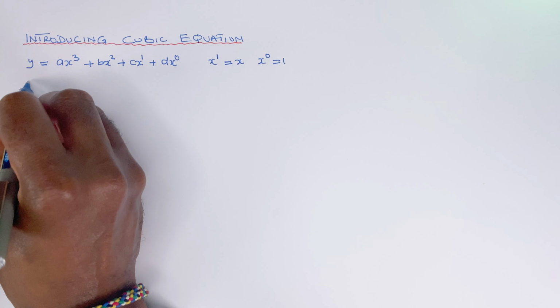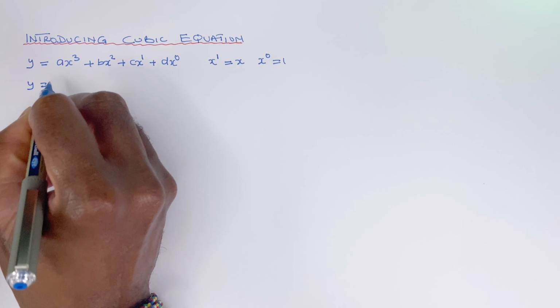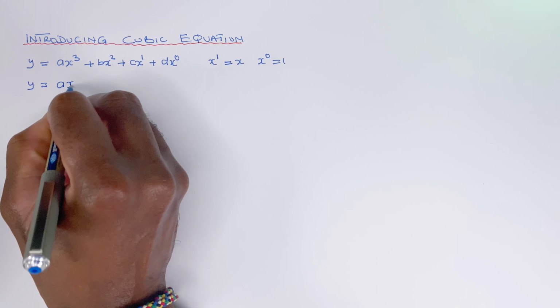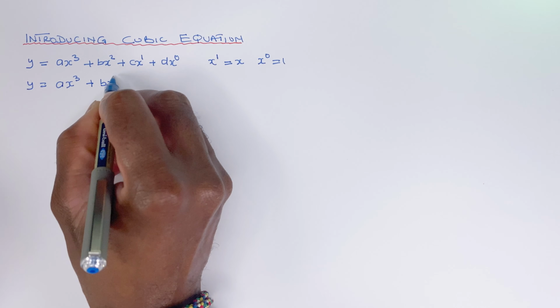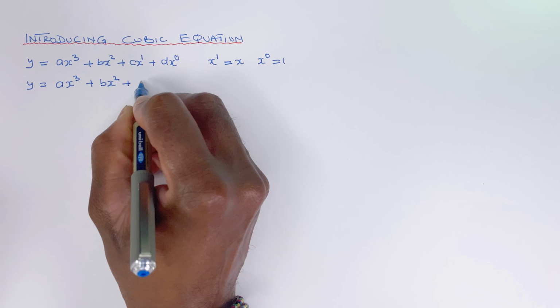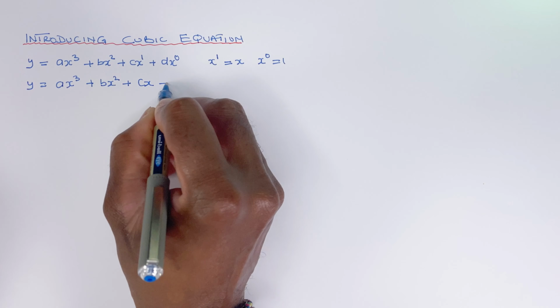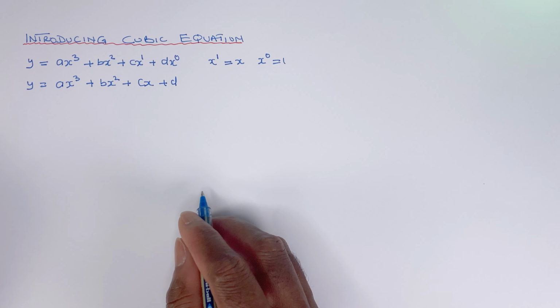And therefore we can write cubic as y equals ax cubed plus bx squared plus cx plus d.